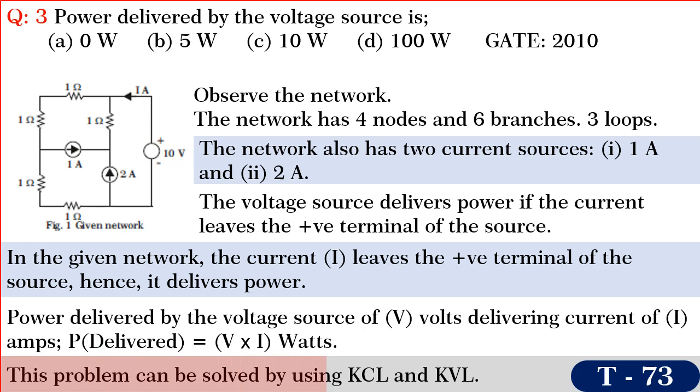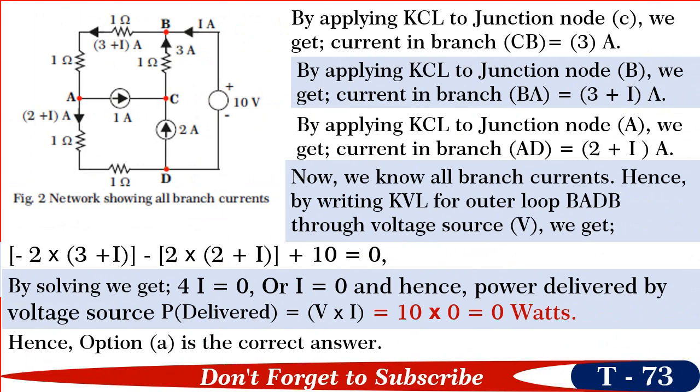This problem can be solved by using KCL and KVL, friends. Observe the network. First, by applying KCL to junction node C, we get current in branch CB is equal to 3 amperes.